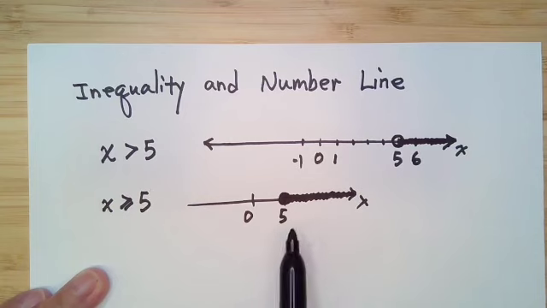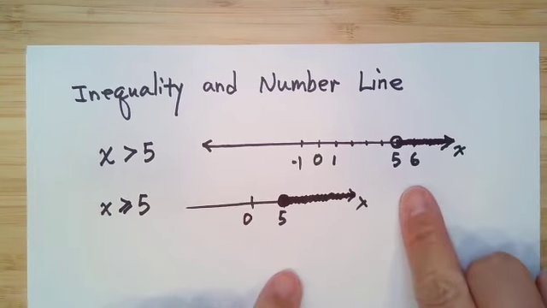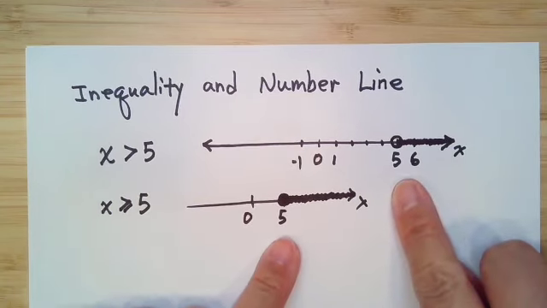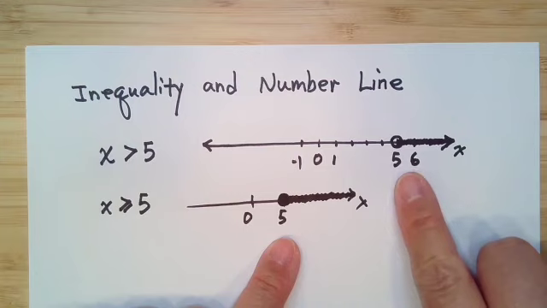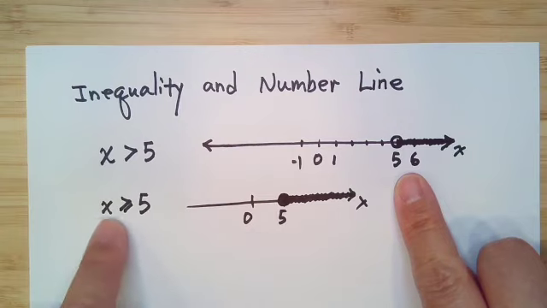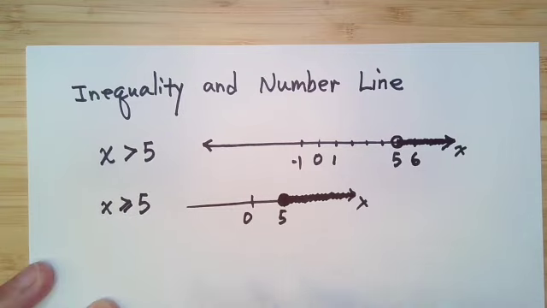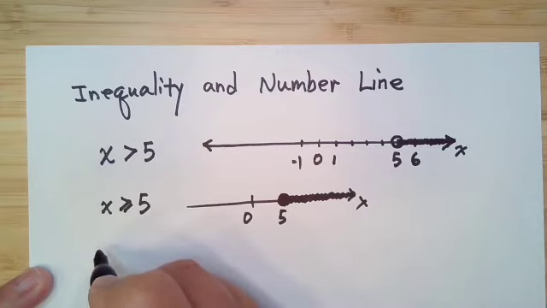So that is greater than or equal to. Easily you can see the difference between these two. This one has a circle because it cannot be 5, and this one is a solid dot at 5, so that means it could be. Therefore, x is greater than or equal to 5 gets a solid dot, but greater than gets a little circle.